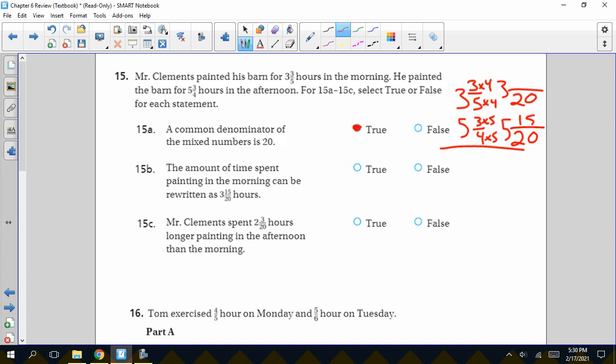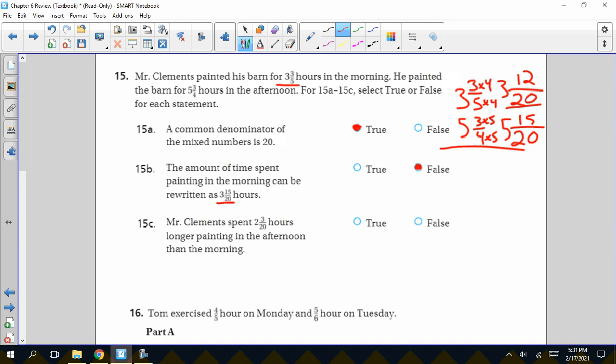This would be 3 12/20. Remember, the 3 3/5 was in the morning. That turned into 3 12/20. So no, that is not equivalent. It cannot be written or rewritten as 3 15/20.